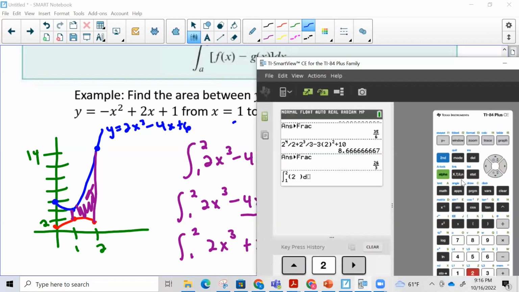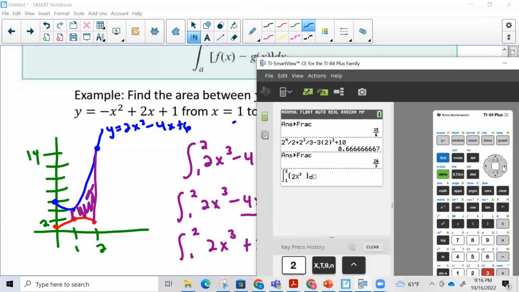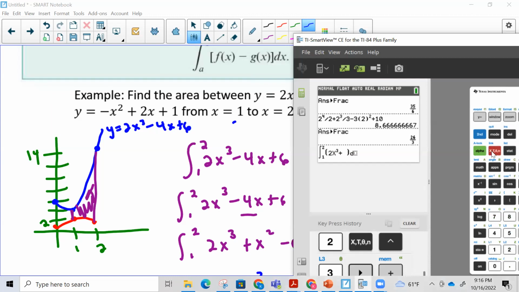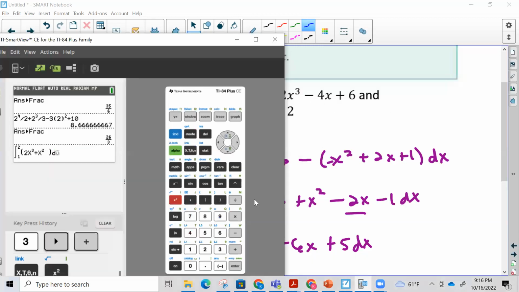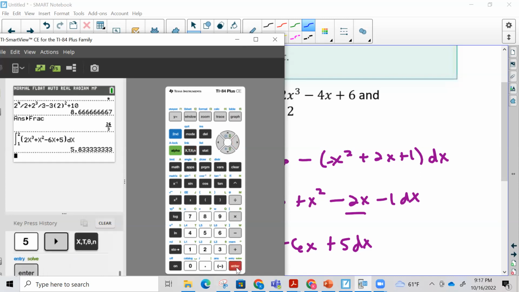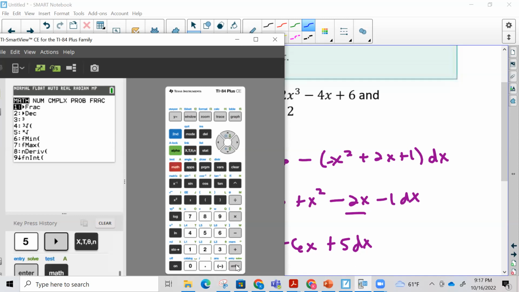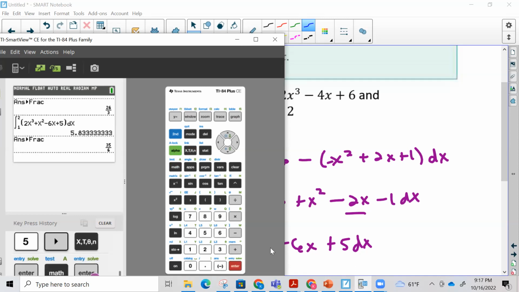But if you're not, you can always do the first line. Again, don't ever put the function in after you integrate. It should be the original one given. And then put dx, hit enter. And hopefully, yep, and then we get the same answer.